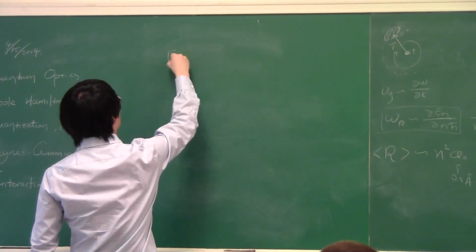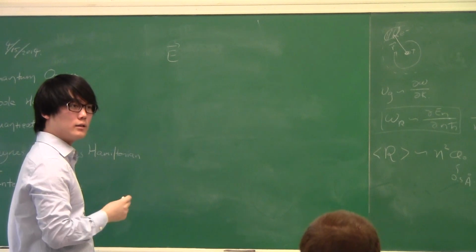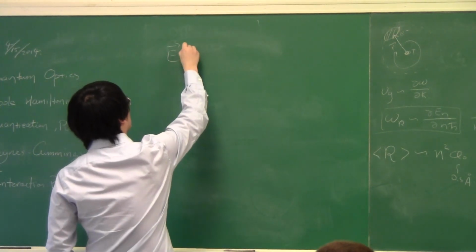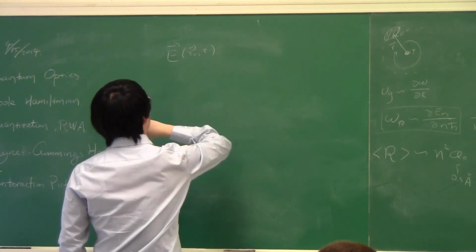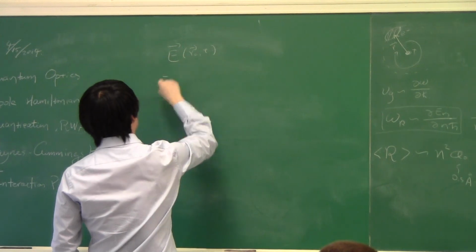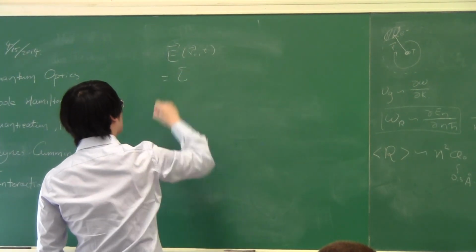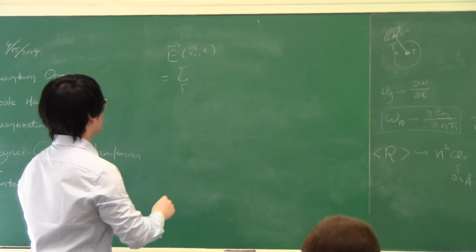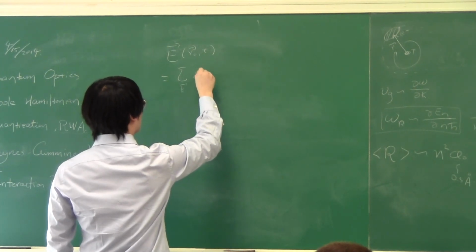So let me remind you, we turn the electric field into its quantized version by doing, so the electric field at R0. I can expand the electric field first into a sum of different wave numbers. And then there's a factor corresponding to its polarization.